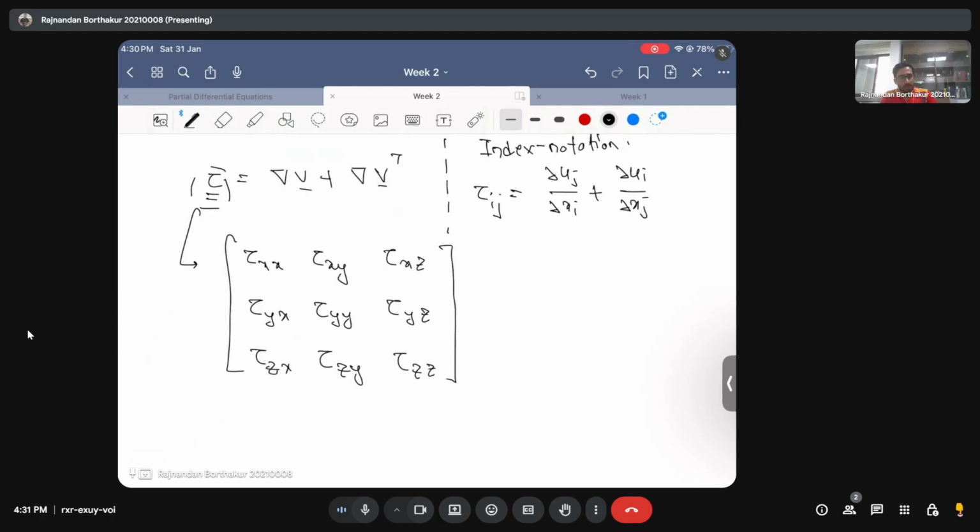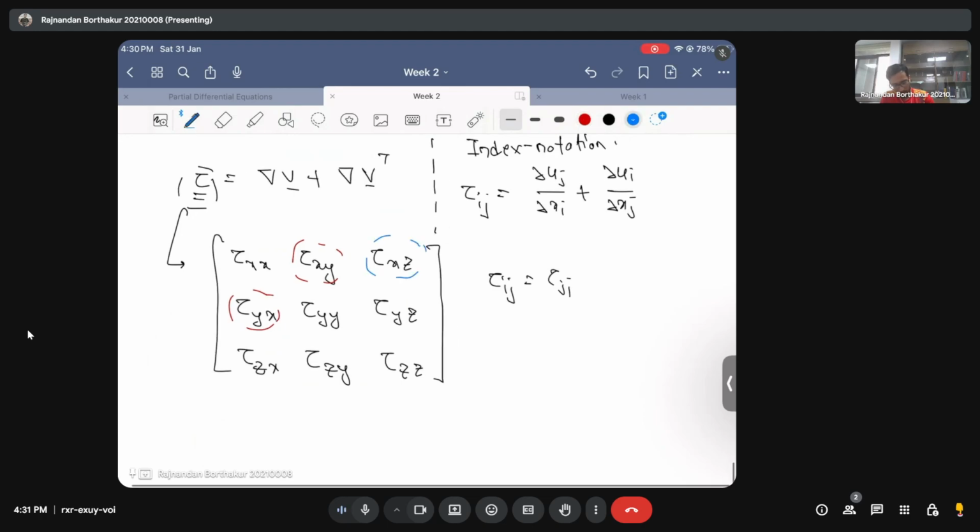Of course, tau ij is equal to tau ji, which means that this is a symmetric tensor, meaning these two components are going to be equal, these two components are going to be equal, and these two components are also going to be equal.